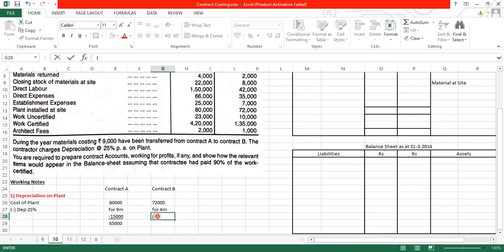For contract B, 25% of 72,000 comes to 18,000, but we have to take it for only 4 months. It will be for 4 months 6,000 rupees. We are just going to write down the depreciation.